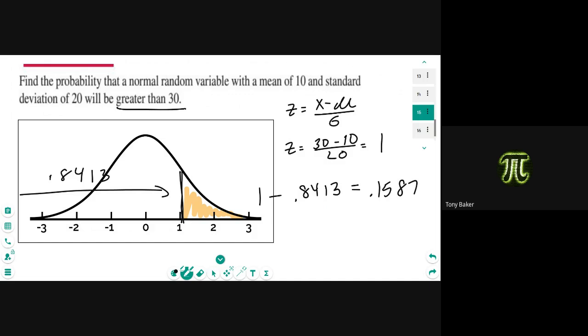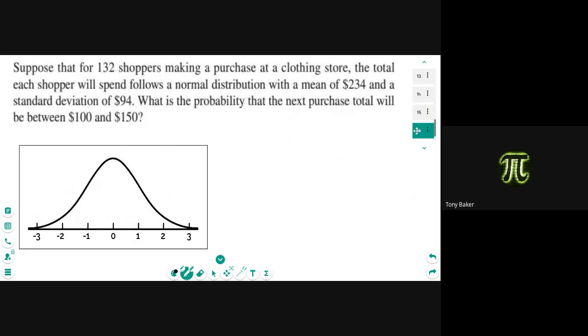So it's the value minus the mean, divided by the deviation. All right. Do this one.